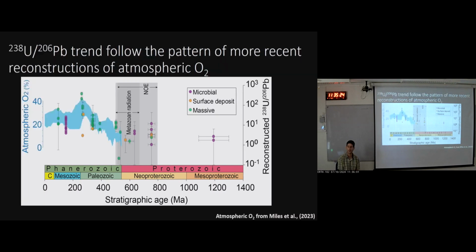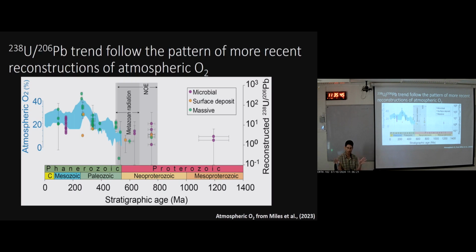When we compare it to more recent reconstructions of the rise of oxygen on Earth, these are based on modeling of geocarb, also on constraints that come from redox-sensitive elements. It seems to follow very nicely this trend.